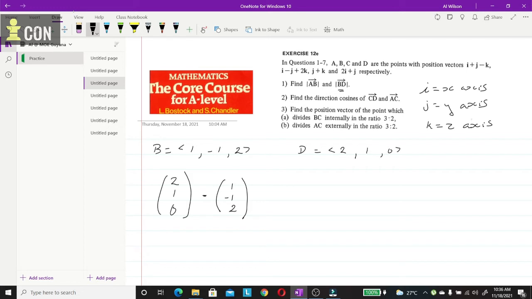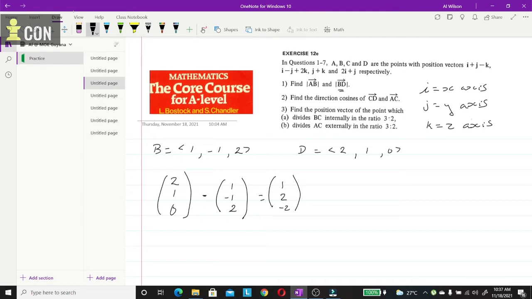So another way you could think of it is saying we have the terminal point, the end point, minus the initial point. And this is going to give me 2 minus 1, which is 1, 1 minus a minus 1, 1 plus 1 is 2, and 0 minus 2 is minus 2.